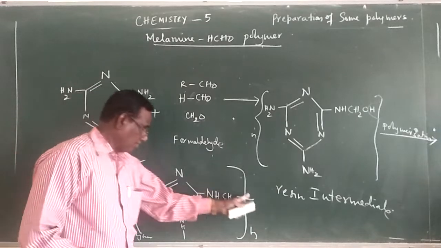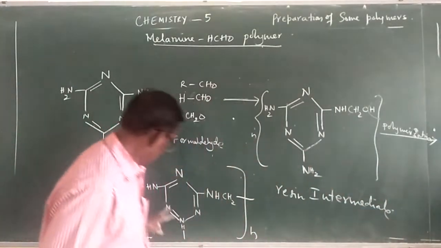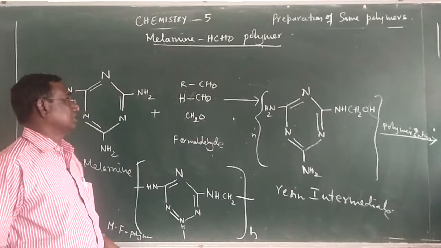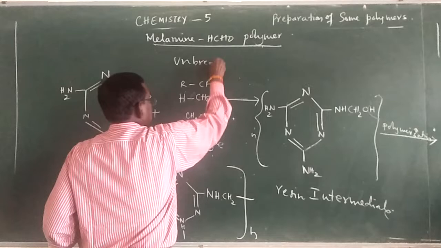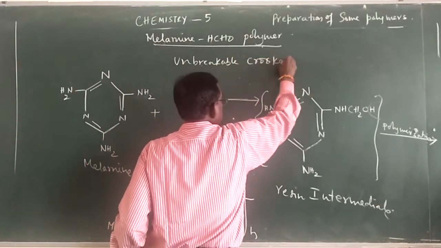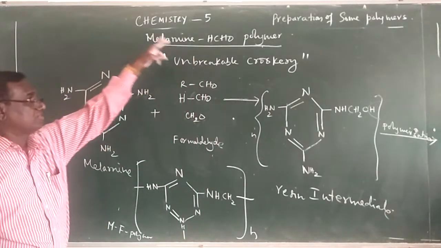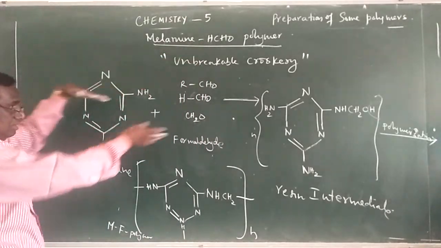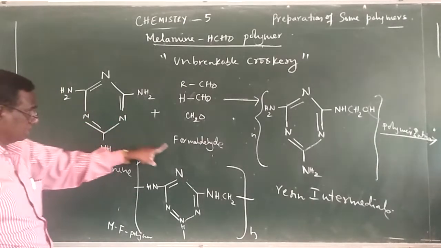This melamine formaldehyde polymer is used in unbreakable crockery. So you have to write the equation like this: this is melamine, this is formaldehyde.